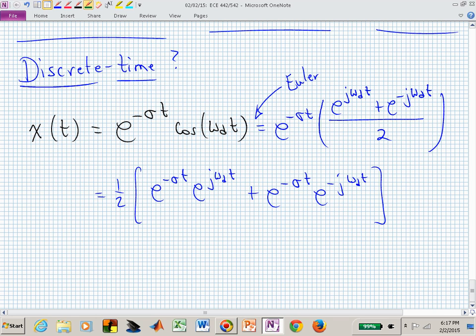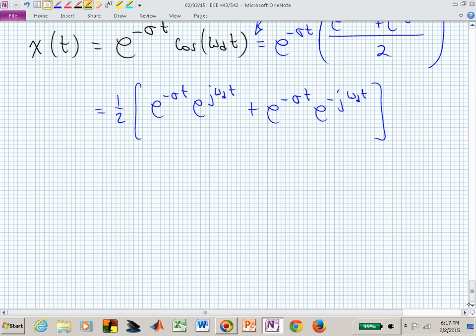That's writing that e an awful lot. We know the properties of these exponents. We can simply add exponents when we're multiplying those two terms, which says that we could rewrite this as 1/2 e to the minus sigma plus j omega sub d t plus e to the minus sigma minus j omega sub d t.